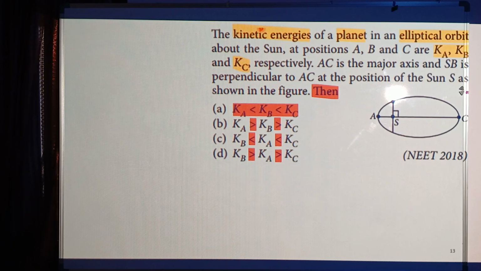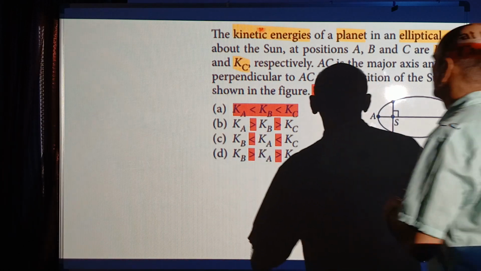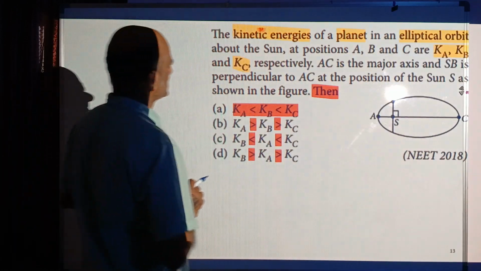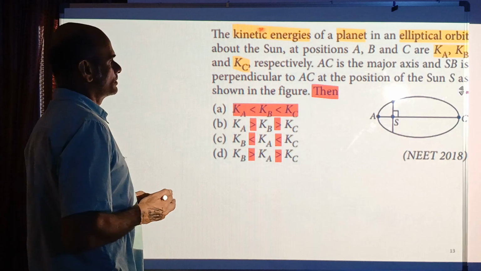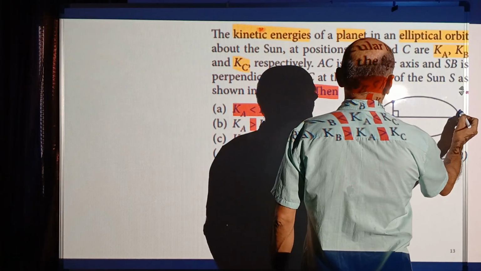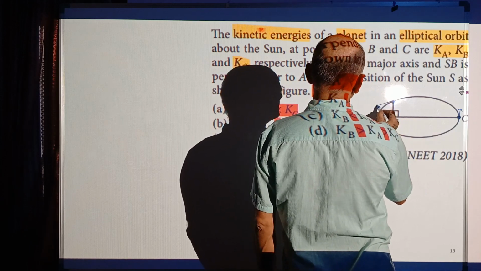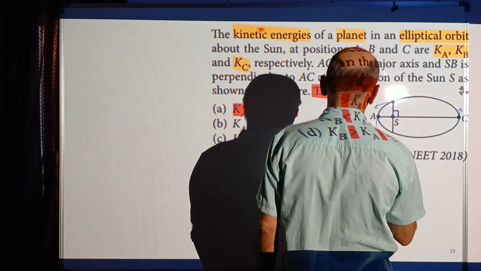Okay, now in this question, according to Kepler's second law, equal areas are swept in equal amounts of time. So here, since the distance is large, the velocity will be smaller. Here the distance is smaller, so velocity would have increased, and here the velocity will be maximum.